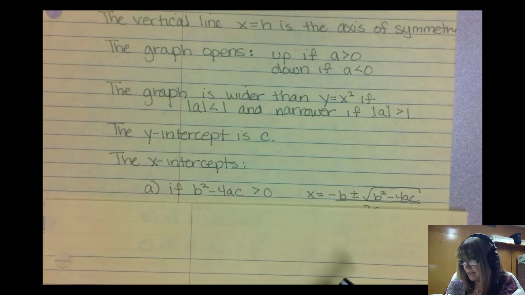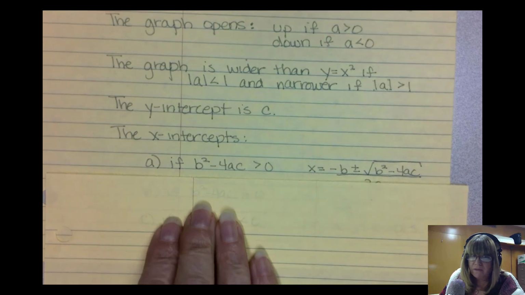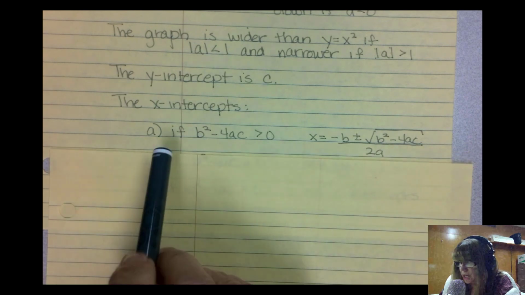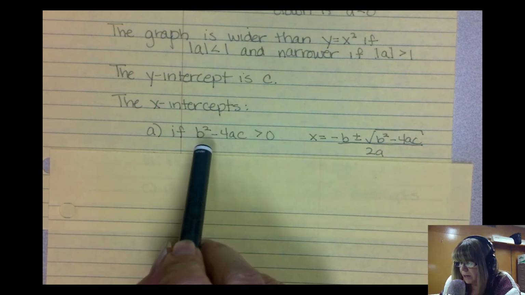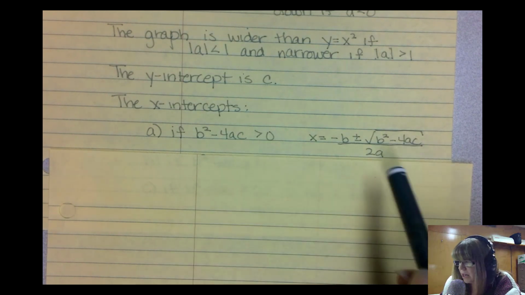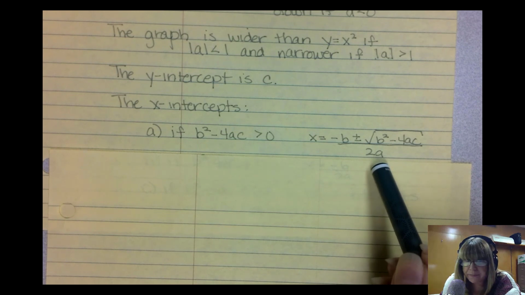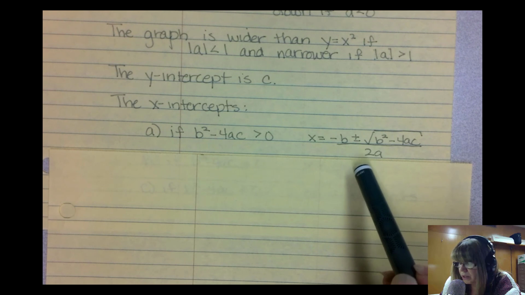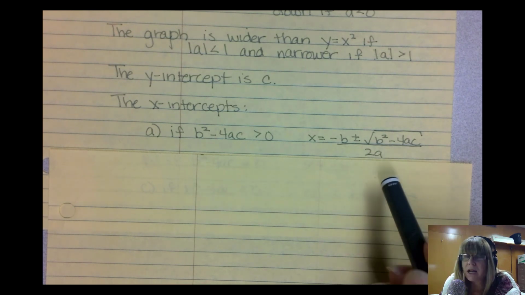Our x-intercepts, well, we've got 3 different versions of knowing if we have x-intercepts. The first is if our b squared minus 4ac is greater than 0, then our actual x-intercepts we can find using the quadratic equation. So x equals negative b plus or minus the square root of b squared minus 4ac all over 2a.